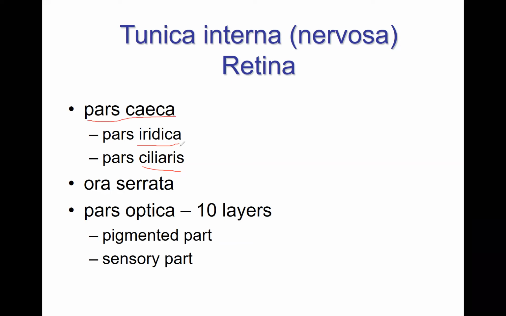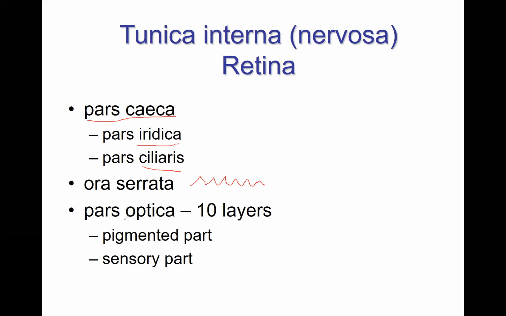Yeah, it's very reduced, thin, and it's in the areas where the light could not come and could not cause vision. That's why it's reduced. The border with the optic part is toothy-like, so it's called ora serrata. Serra is a saw, so saw-like or toothy-like.